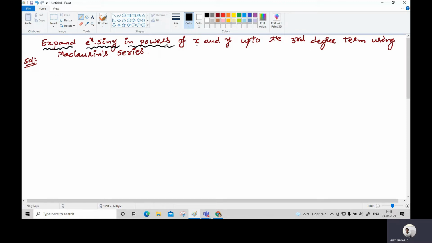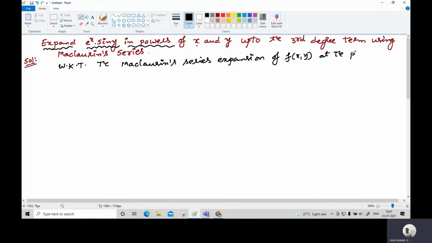Okay, first write the formula of the Maclaurin series expansion. We know that the Maclaurin series expansion of f of x comma y at the point 0 comma 0.